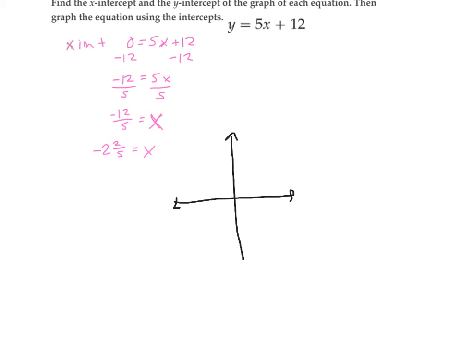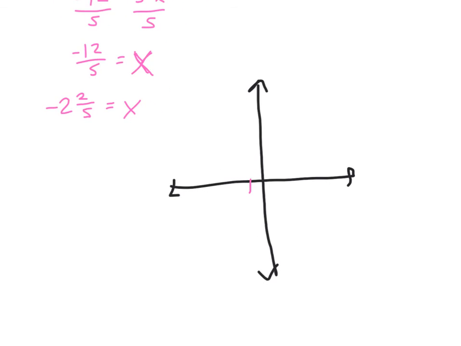We just said our graph is going to cross the x-axis at negative 2 and 2/5. Would negative 2 be to the right or to the left? Left. So we go to the left 2, almost 3, and put our point right there.